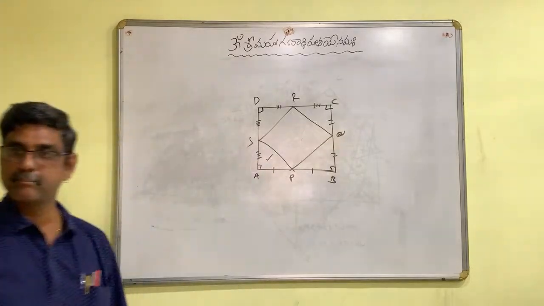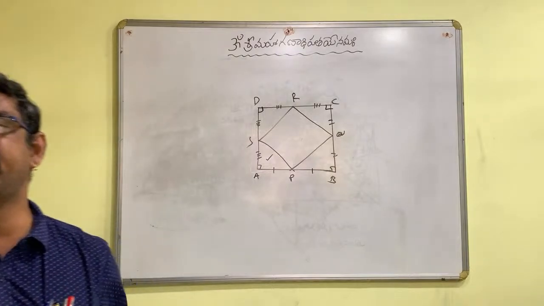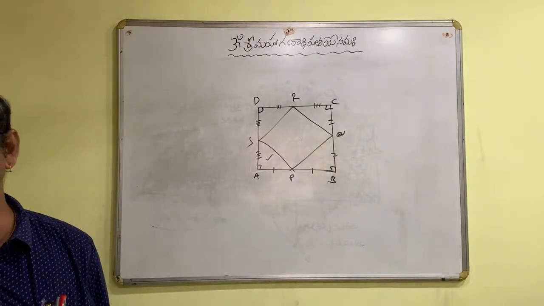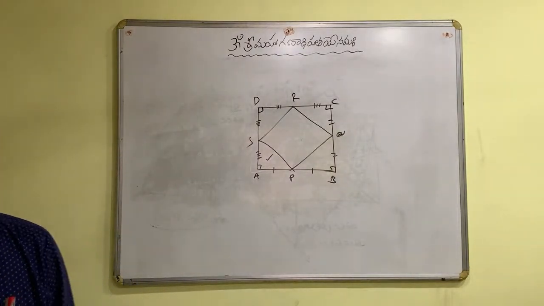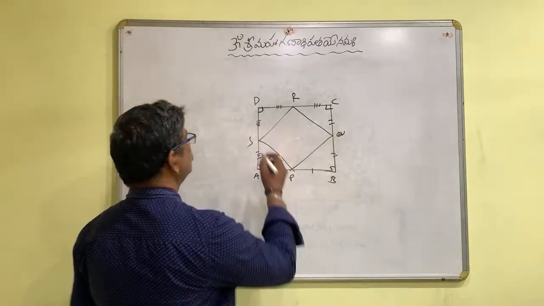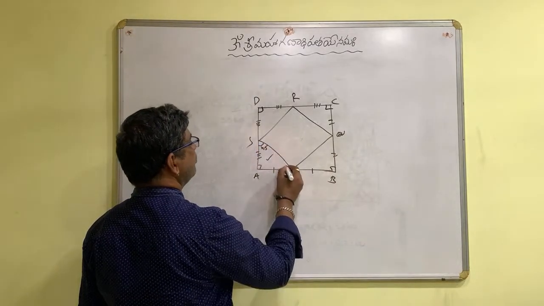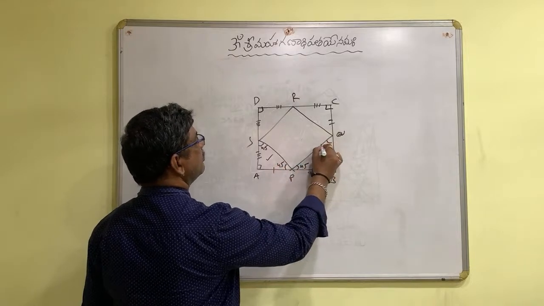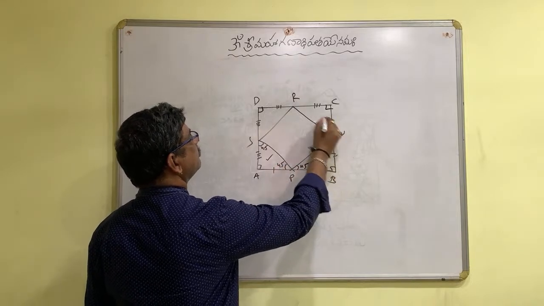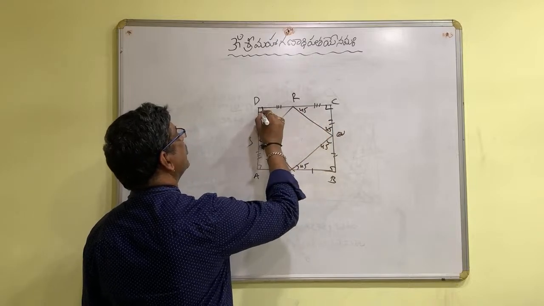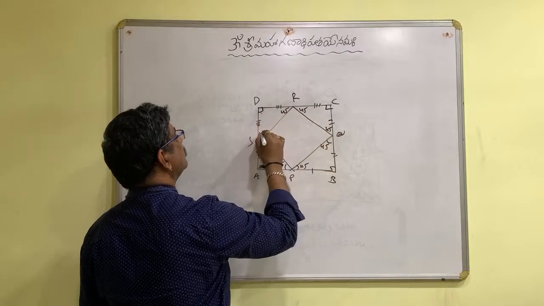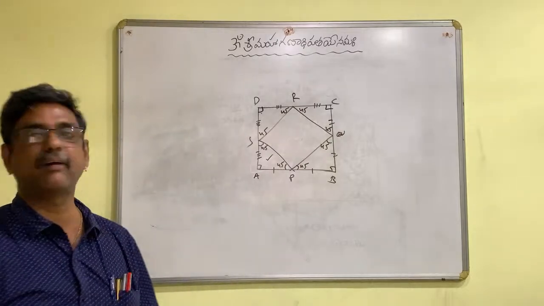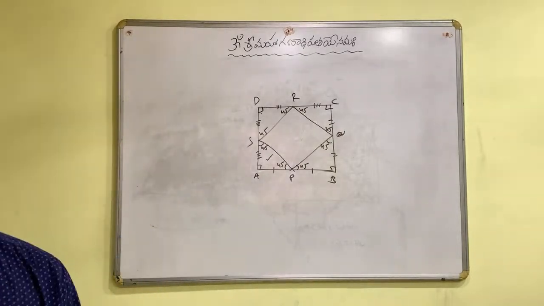Triangle SAP is a right isosceles triangle. So this angle is 45 degrees, this is also 45 degrees, and all these angles are 45 degrees.